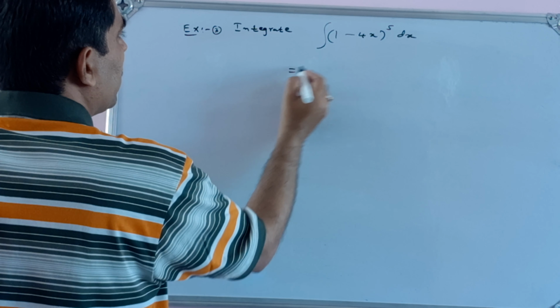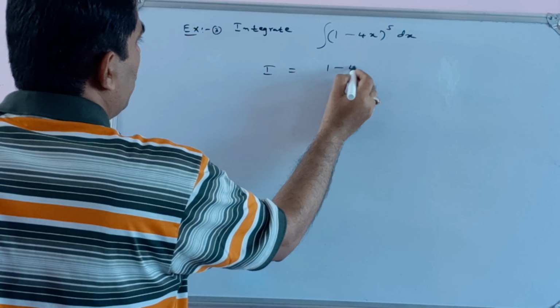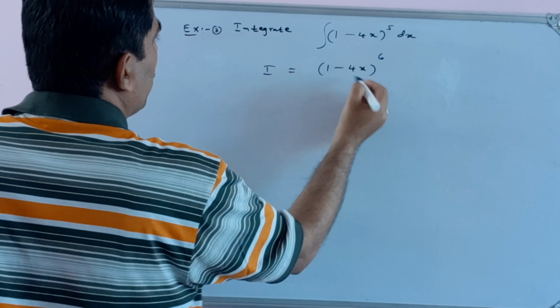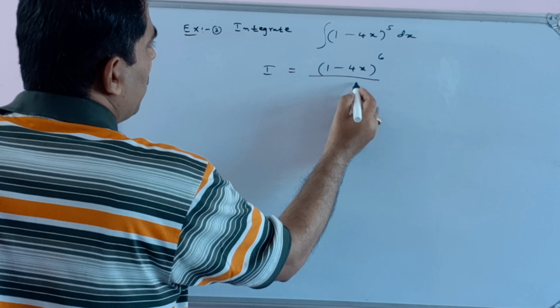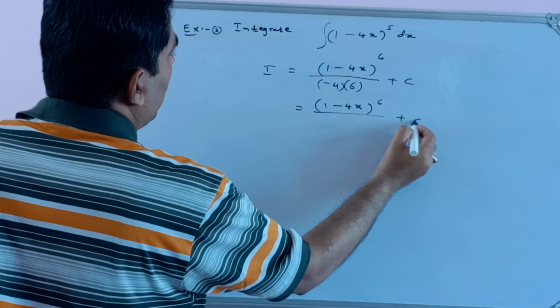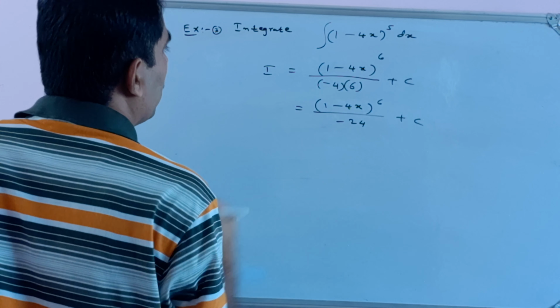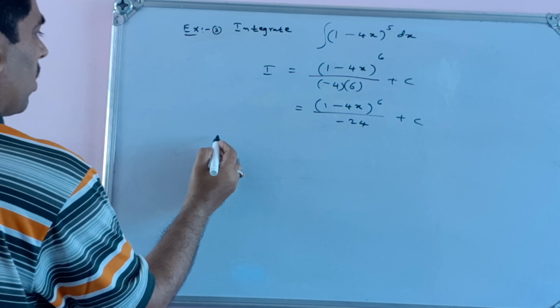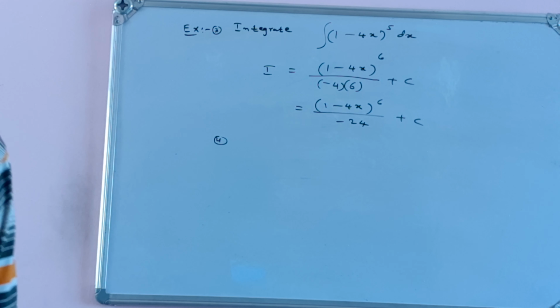How do you integrate this? Only one step. 1 minus 4x whole to the power of n plus 1, that is 6, divided by n plus 1, that is 6. Don't forget to write the coefficient of x here. Then it will be 1 minus 4x whole to the power of 6 divided by minus 24 as the denominator. This one is over, and let me go for another example.